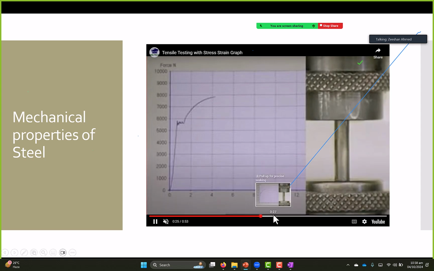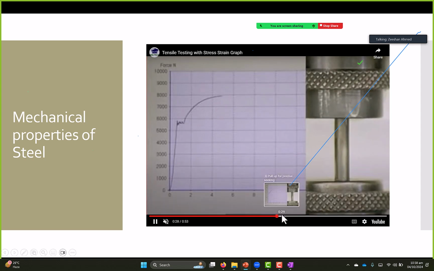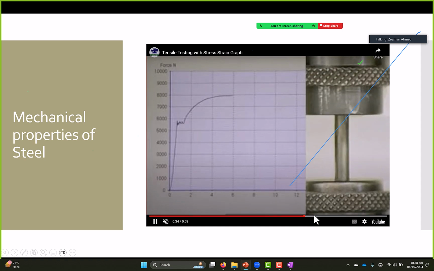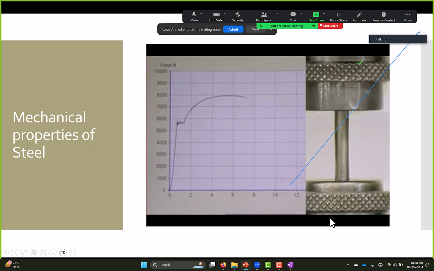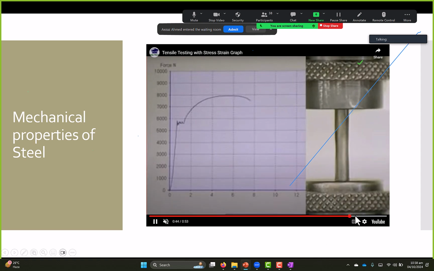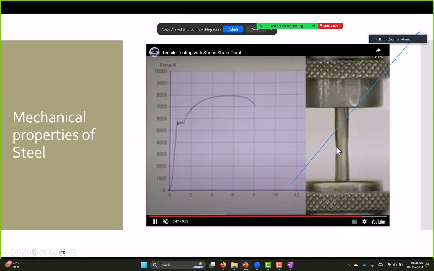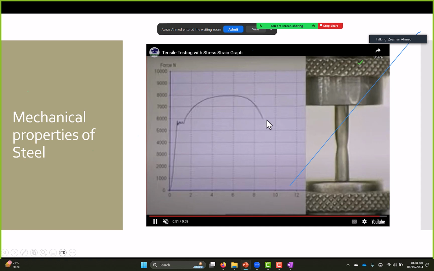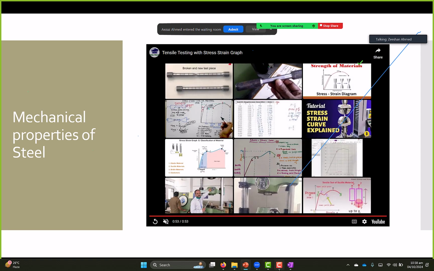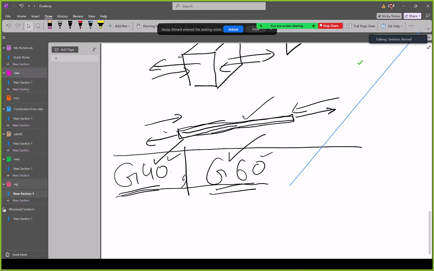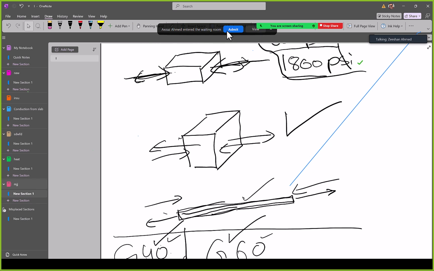It keeps on going and it's extending faster and faster. And then this is called necking, where a neck starts to develop and the graph is dropping. What does this mean? We'll look at it. This is very, very important to understand, guys.